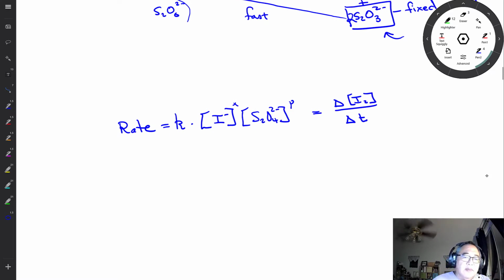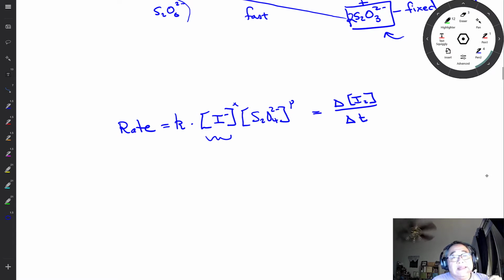The way the experiment works then is we're going to change these values. So I'll take the I minus, the iodide concentration, and I'll say double it. In fact, I think we actually halve the concentration. Well, if there's a dependence of the reaction on the iodide concentration, we'll see it as a change in the rate.